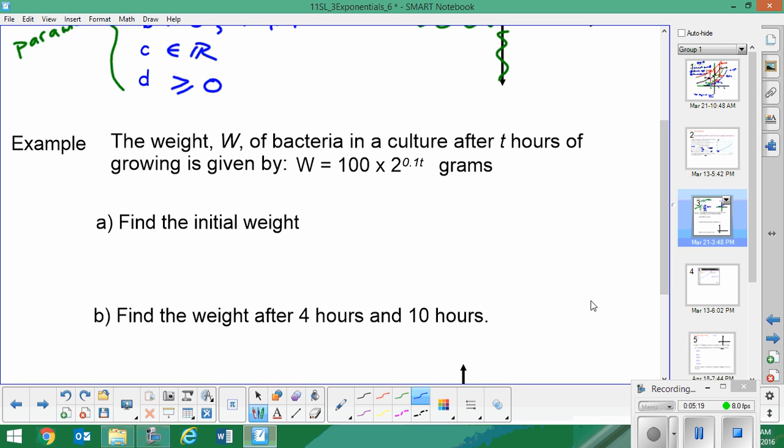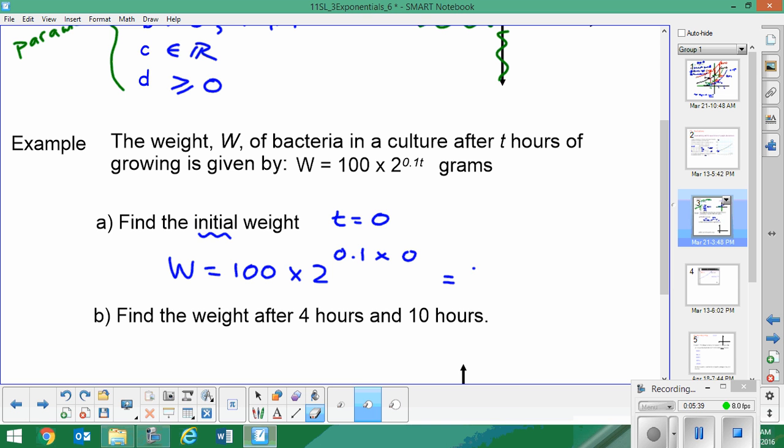What's our initial weight? Initial meaning we're at time equal to 0. So our weight is going to be 100 times 2 to the 0.1 times 0, which means 100 times 2 to the 0, which is 1, which is 100.